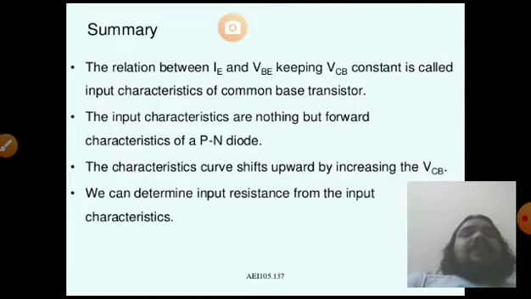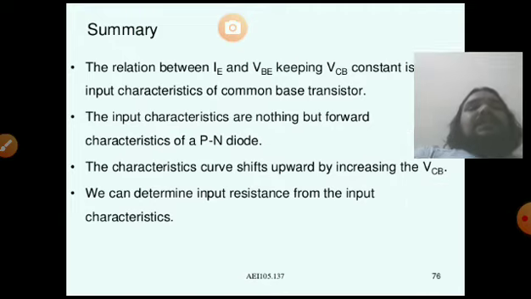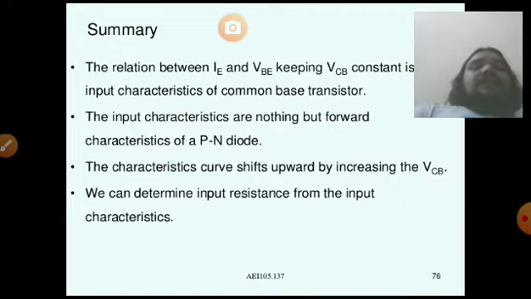The relation between IE and VBE keeping VCB constant is called the input characteristics of the common base transistor. The input characteristics are nothing but the forward characteristics of the PN junction diode. The characteristic curve shifts upward with an increase in VCB.